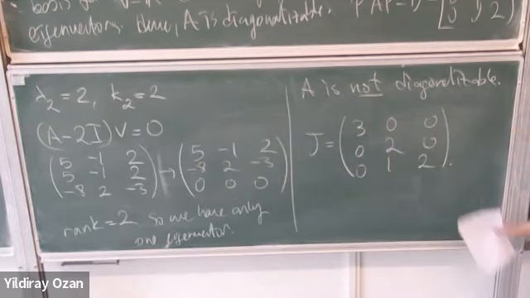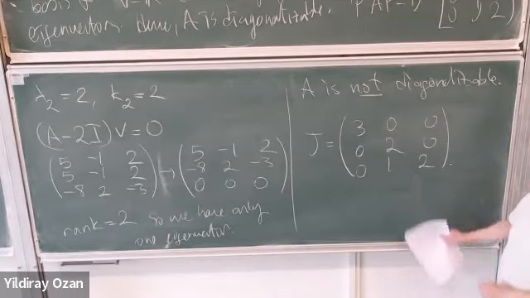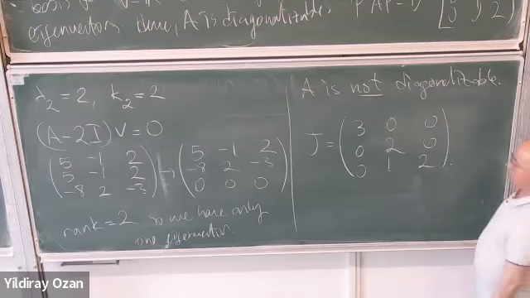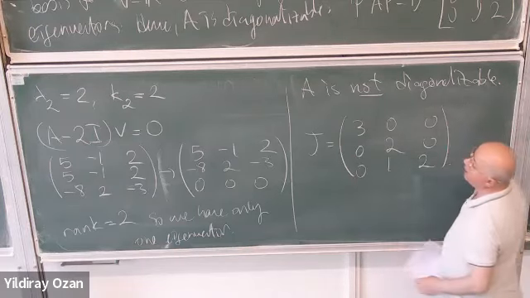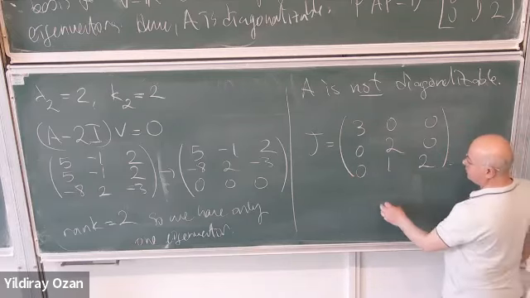So this is the canonical form. But we need to find the generalized vectors. For this column, I have already a vector.